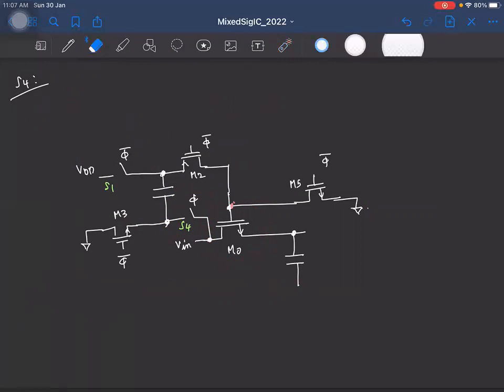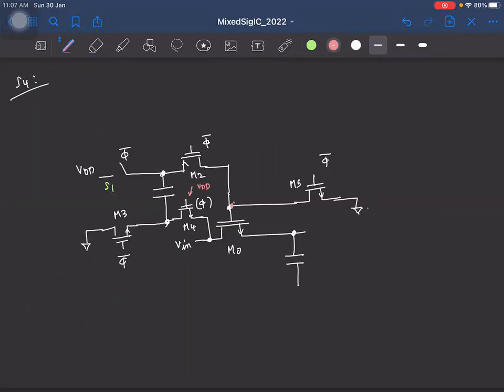So what we can do, we can use the same kind of transistor for the switch S4 also. So we'll use a switch that is of an NMOS type. Okay. So this I'll call M4. And this ideally needs to be clocked at phi, right? But to turn the switch on, if we try to apply a voltage VDD, that will not be enough, right?